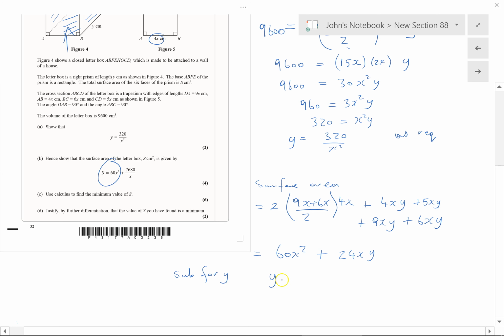Now we can sub for y. So we have y equals 320 over x squared. We've got s equals 60x squared plus 24x times 320 over x squared. Now hopefully 320 times 24 gives us 7680.